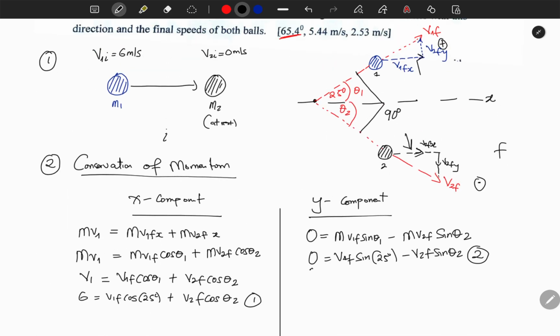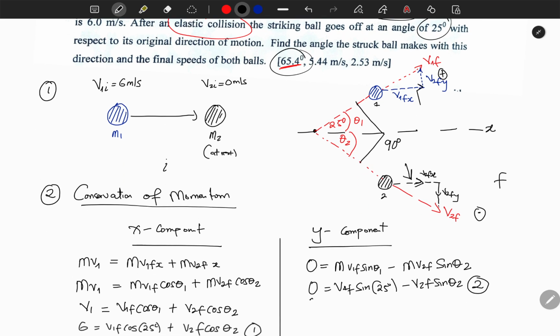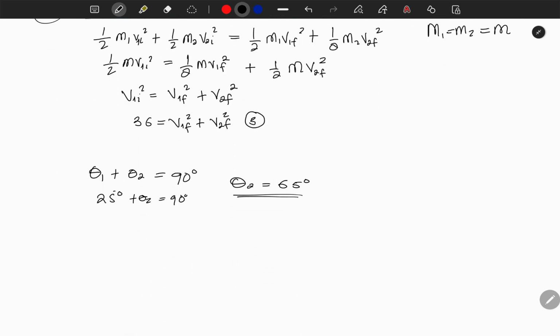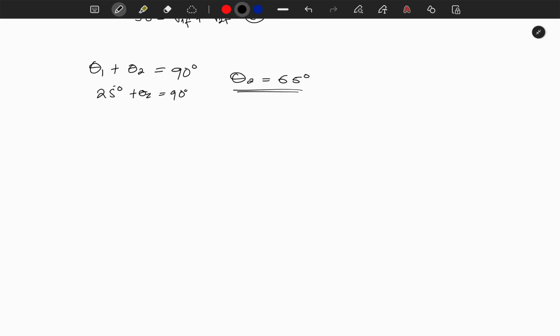Now, I know that the angle given here is 65.4, which is a little bit more accurate than what we've found here. The reason is simple. To work this problem out properly, you can use, for example, Python, but we are going to use this concept to help us.